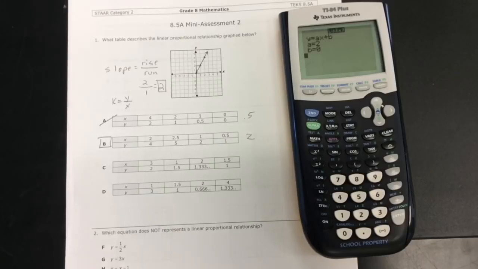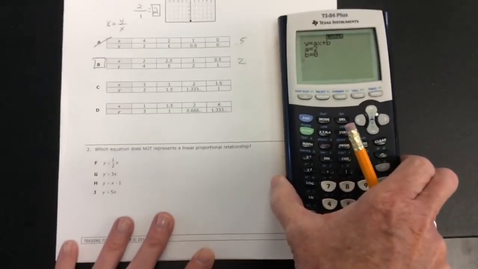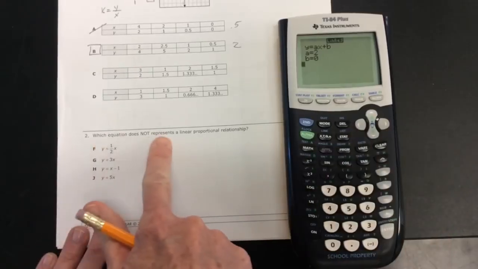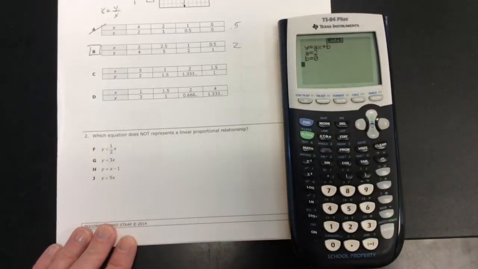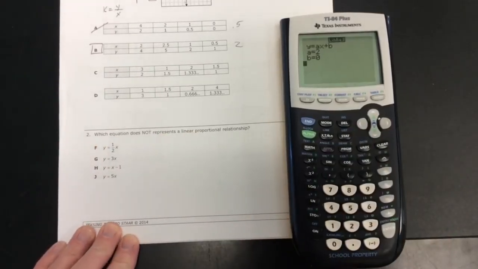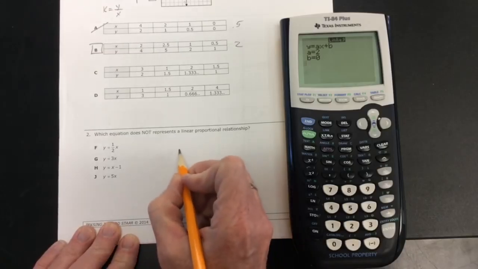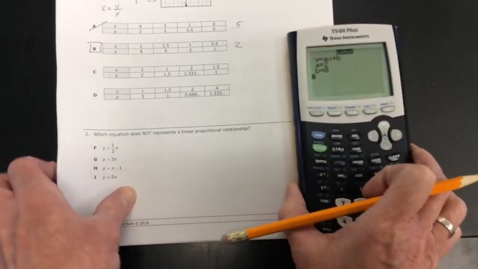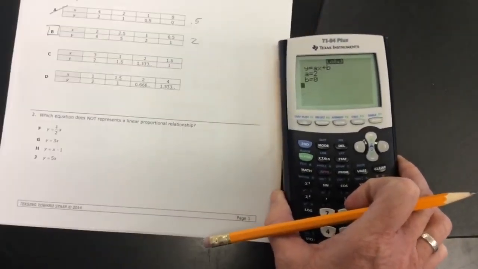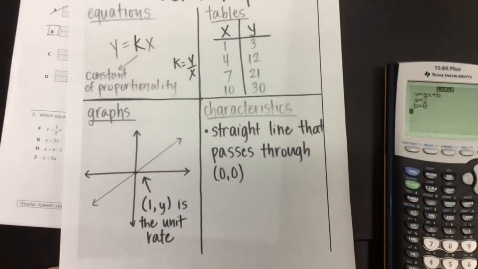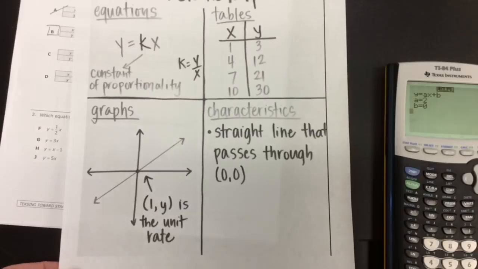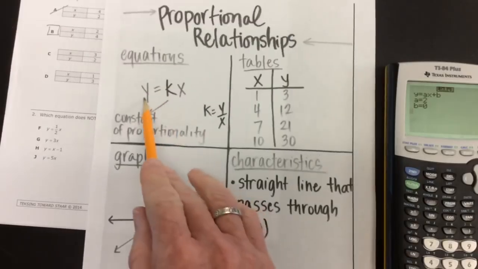Okay, let's look at number 2. Which equation does not represent a proportional relationship? Well, in your notes, we know that proportional relationships are represented by the following. And I have attached this for your convenience on the back of this packet. Here's your equation.